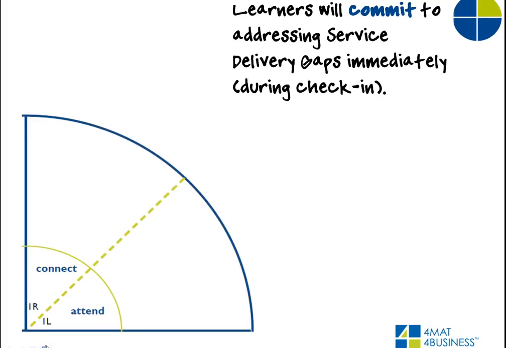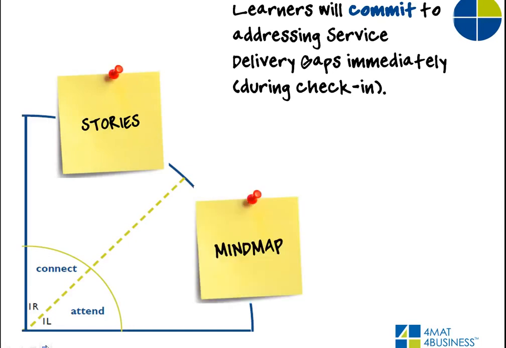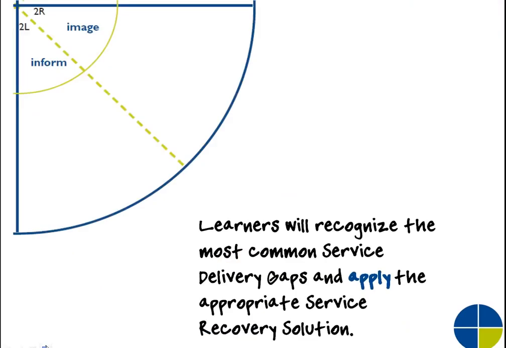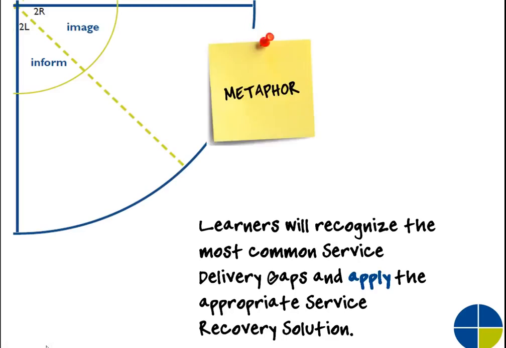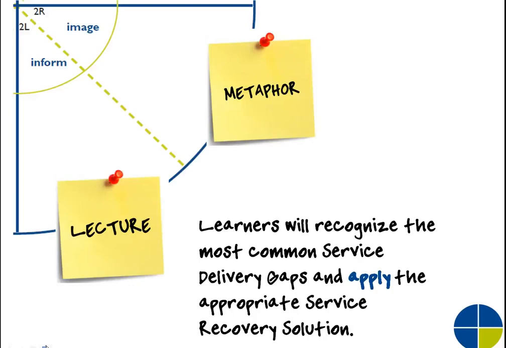So when we want to create commitment, how do we do that, and what activities might work best for that? When we're looking at creating a shift in knowledge with a focus on application, what activities would really work in this part of the design, and would also appeal to the learner that really enjoys this part of the learning process?